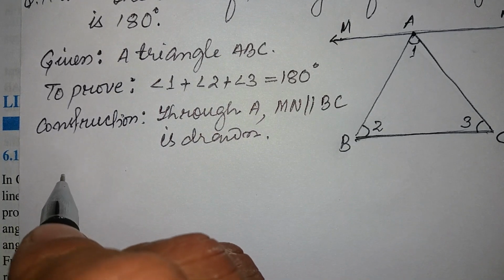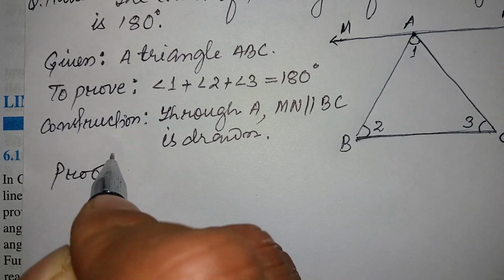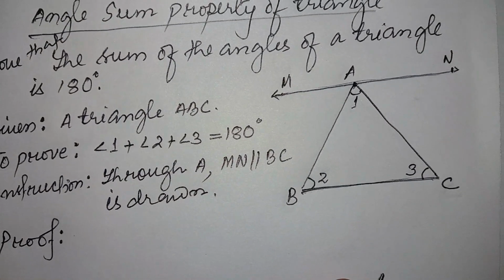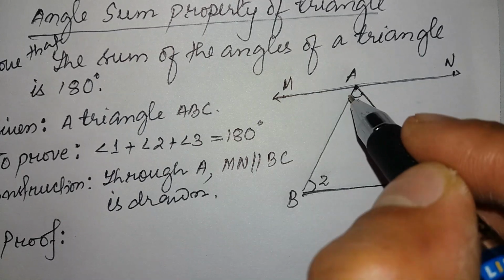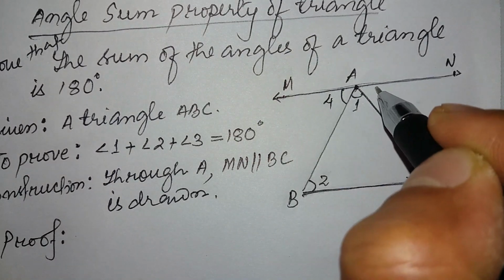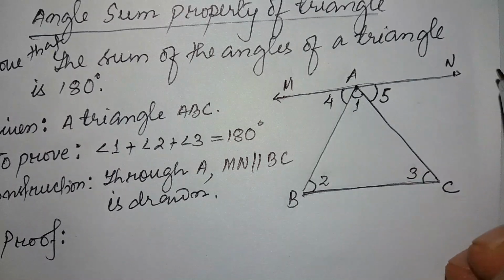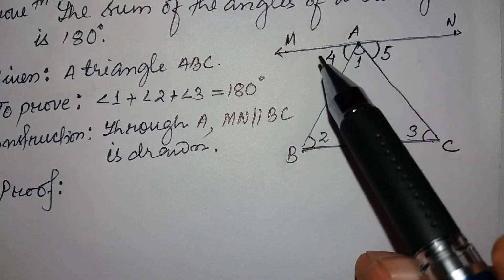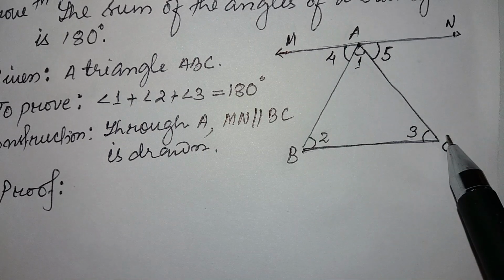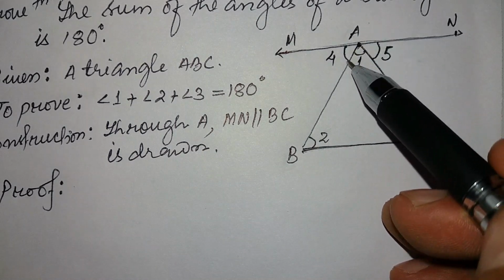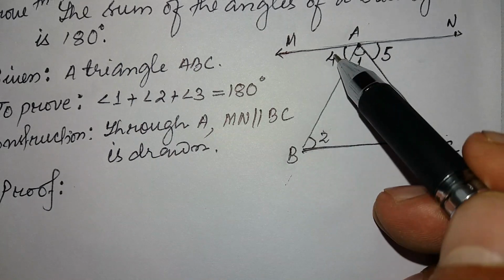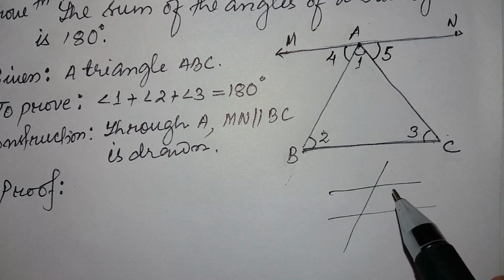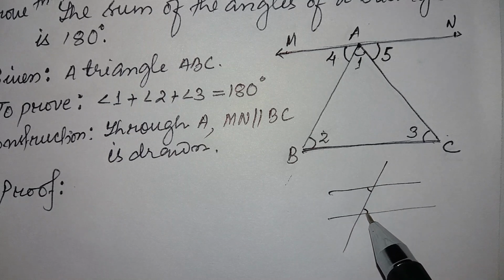Now proof. Proof is very simple here. Let's call this angle 4 and this one 5. Now what we have here is this line and this line are parallel, and now this is a transversal, so these alternate angles are equal.